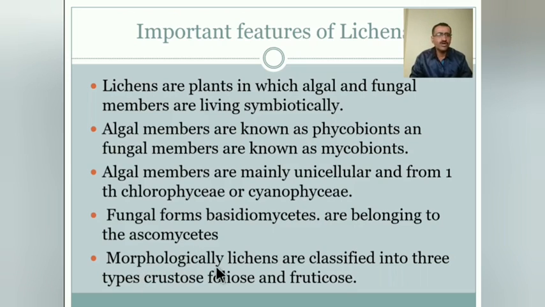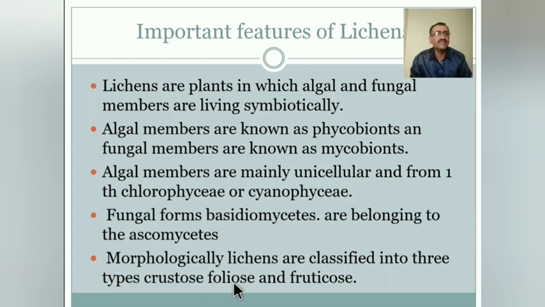Next, morphologically, lichens are classified into 3 types. With the help of the morphological structure, they are divided into 3 types. First is the crustose lichen, second is foliose, and third is the fruticose lichen. Crustose means crust like, soil like.